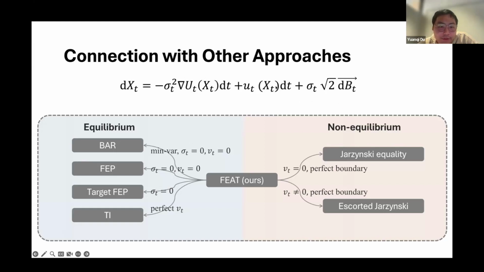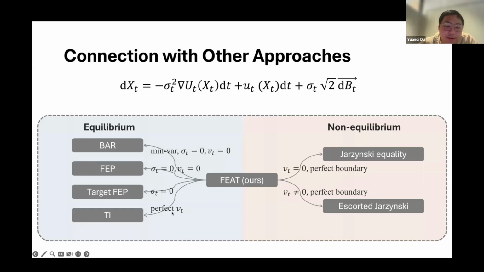You just have a vector field that can be flow matching, and it can further be FEP if you don't have a velocity, so you just do importance sampling. Sorry, here should be U. And with the bar, that's trivial. You have a minimum variance estimator that gives you the bar already.